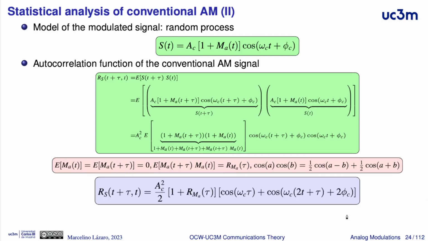Now we can obtain the final expression for the autocorrelation function. We have this term here, half of the squared amplitude of the carrier times 1 plus the autocorrelation function of m_A, times the addition of a cosine of omega_c tau and a cosine of omega_c times (2t plus tau) plus 2 times the phase.